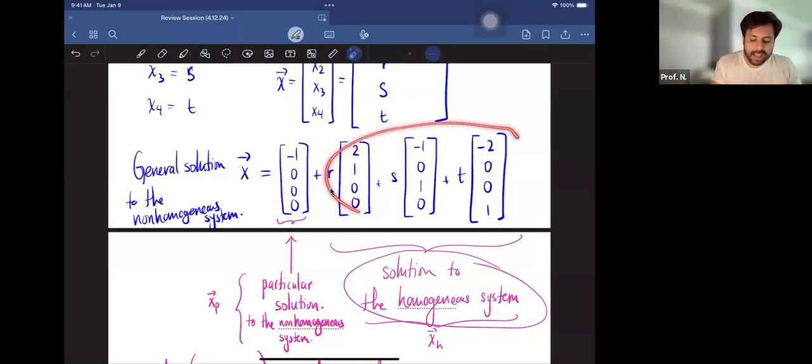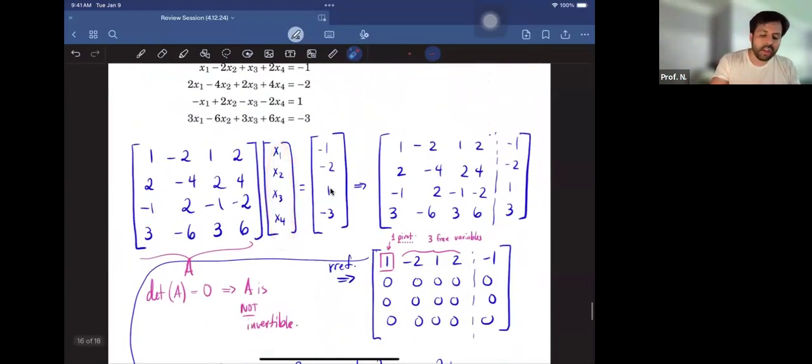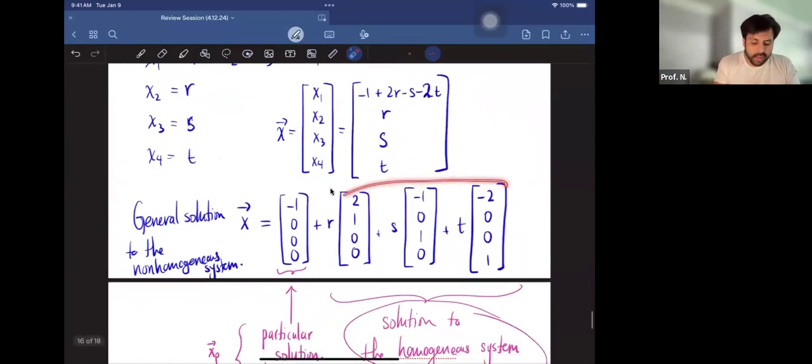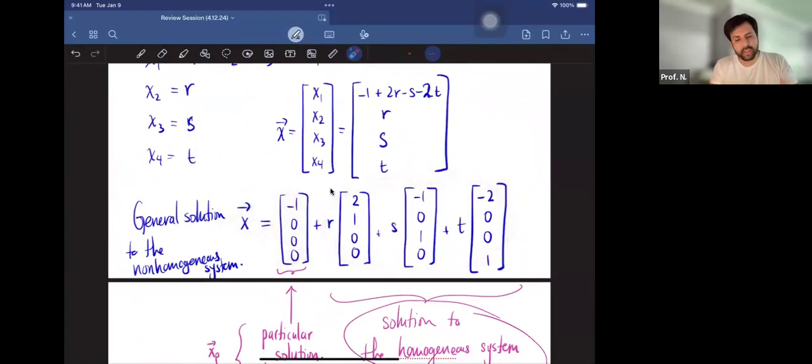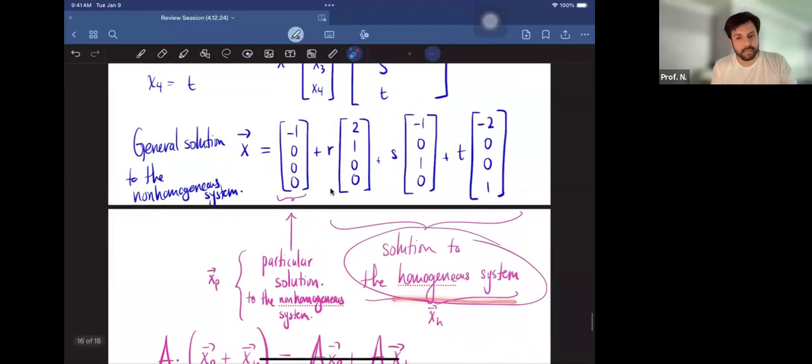As long as you're adding a linear combination of these particular vectors, no matter what you plug in for R, S, and T, and you add all these vectors up and plug it in here, it will always satisfy the equation. Now, these guys themselves, take this away, just themselves, this is the general solution to the homogeneous system.